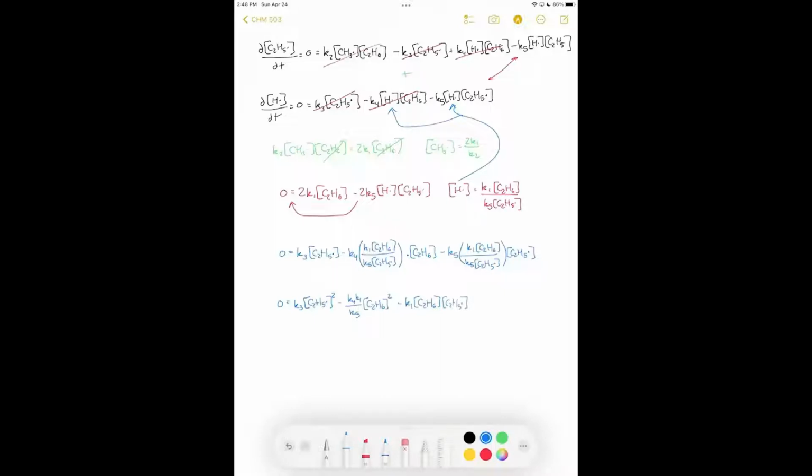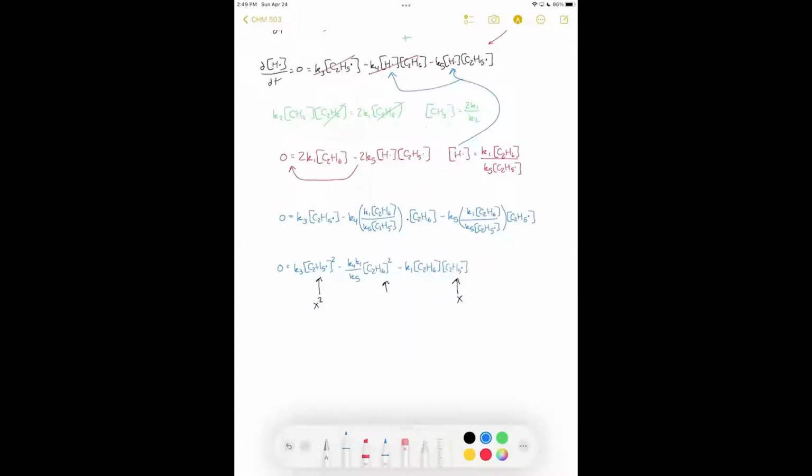Now, why do we want this? Well, what we can do with this is we can solve it as a quadratic equation. So we have a quadratic equation here with respect to C2H5. We have one term that is x squared, one term that's x, and this term has no C2H5 dependence. So we can solve this with the quadratic equation to simply obtain the concentration of C2H5 is equal to the concentration of C2H6 times a whole mess of rate constants.